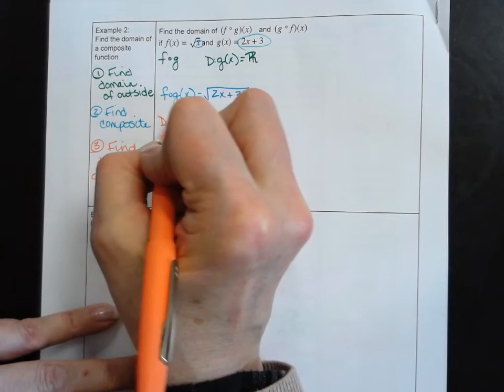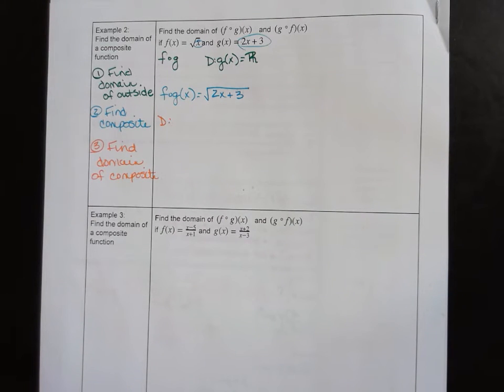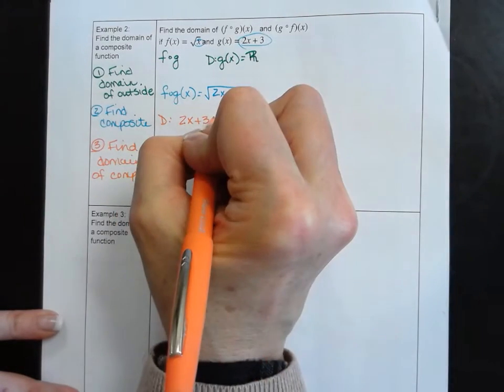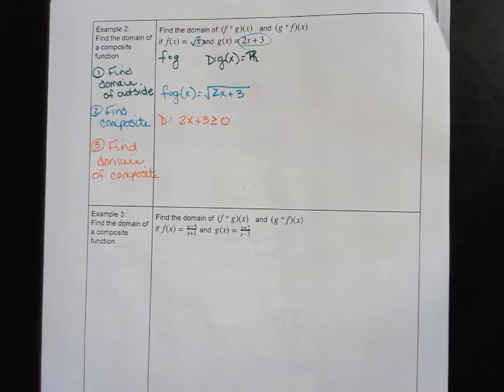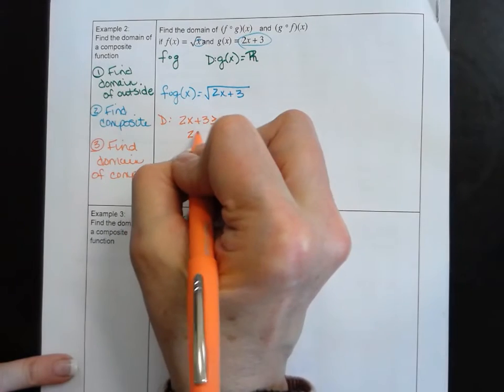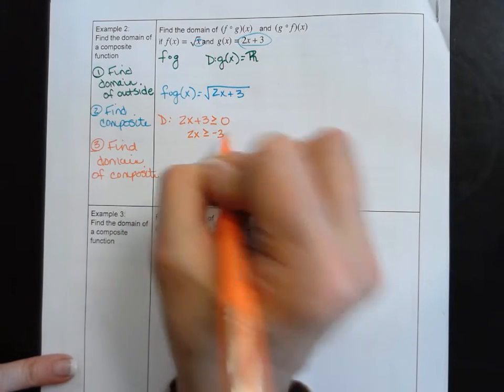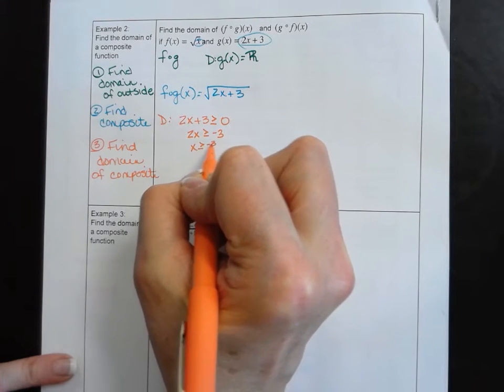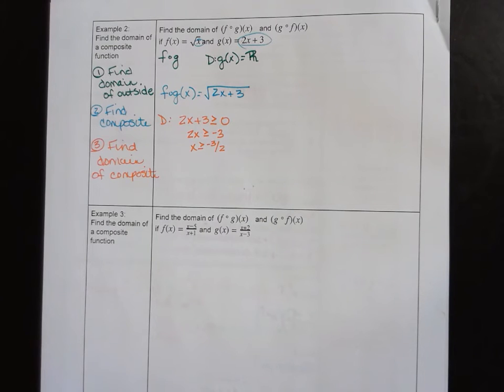So, do I have a fraction? No. Do I have a radical? Yes. So 2x plus 3 is greater than or equal to 0. And so 2x is greater than or equal to negative 3, so x is greater than or equal to negative 3/2.